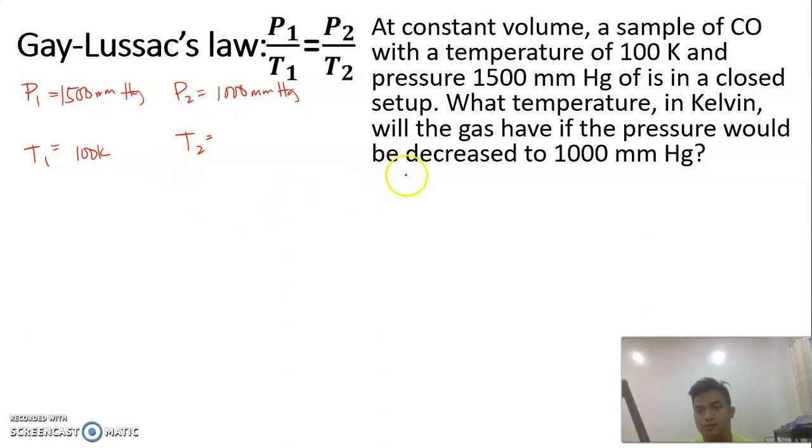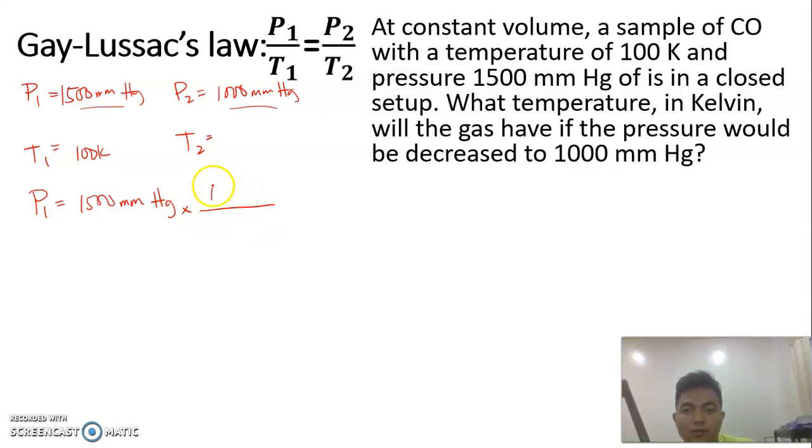So first, we have to convert your pressure into atmospheres. So for example, P1. Okay, so P1 is equal to 1,500 millimeters of mercury. So we are going to convert it. Just look for your conversion table. 1 atmosphere is equal to 760 millimeters of mercury.